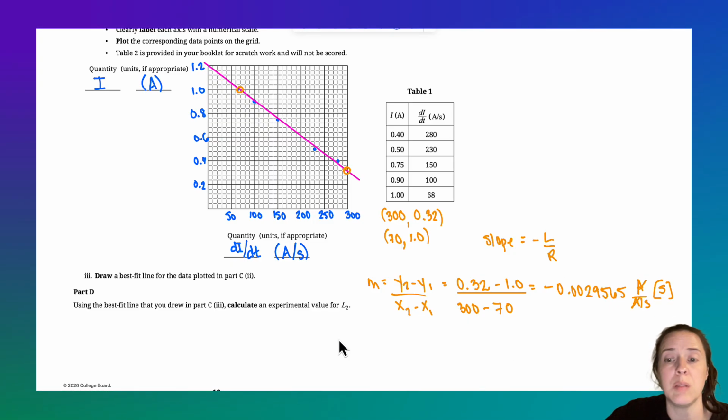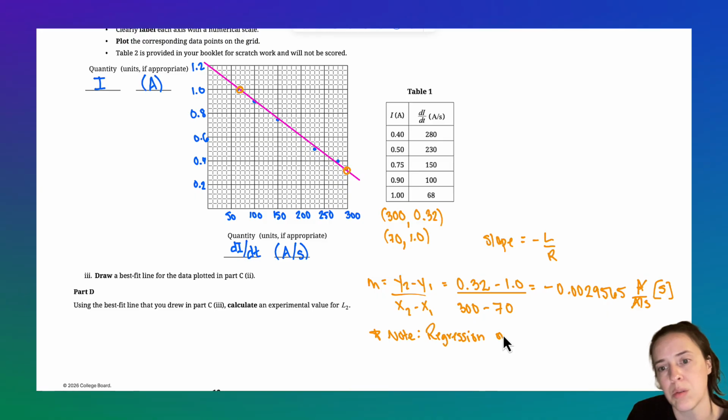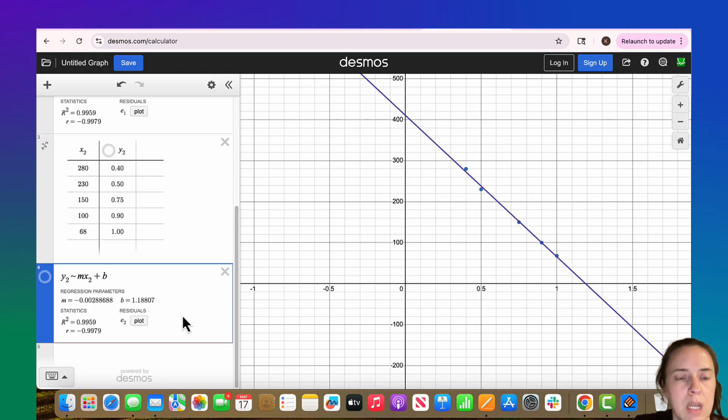If you decide to use Desmos for your regression, you just need to make sure you write a note: regression on calculator or Desmos, one or the other. You just need to tell us that's where you got it from, so we know you're not just pulling a number out of your butt. Yeah, really.